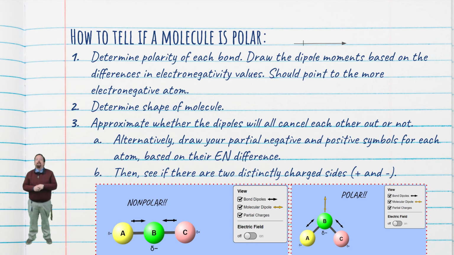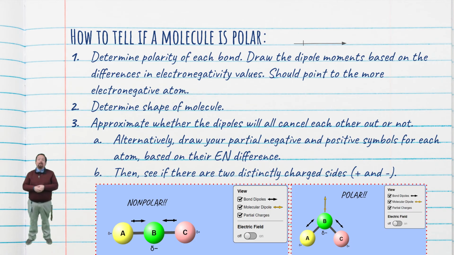How do we tell if a molecule is polar? That's a great question. First, you have to see if you have polar bonds, and if so, see how polar those bonds are. We measure polarity by finding the difference in electronegativity between the two atoms of a bond. So subtract the two electronegativity numbers for those two atoms, and the larger that difference is, the more polar that bond is.